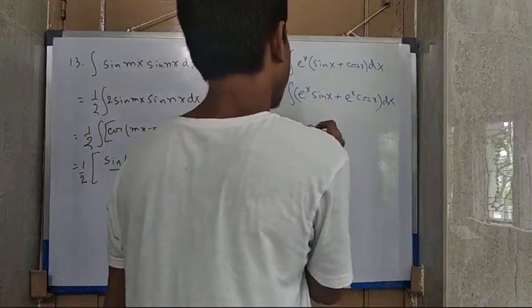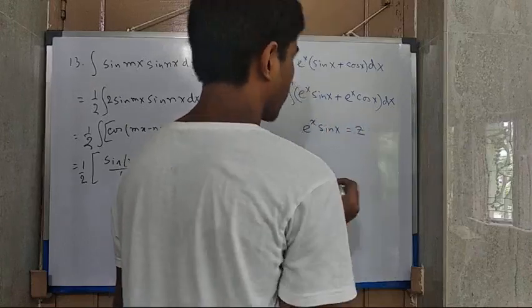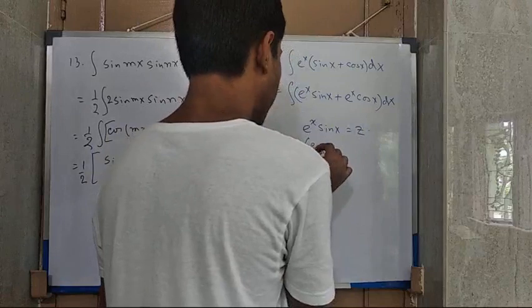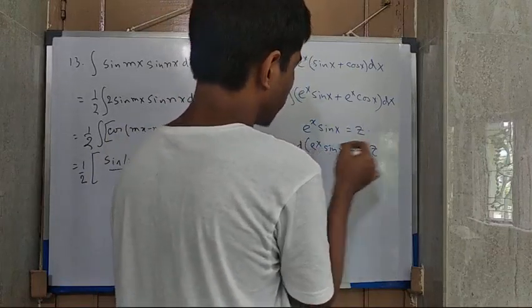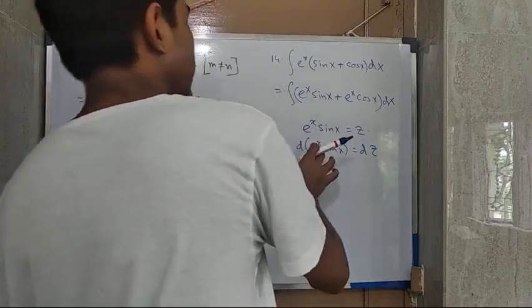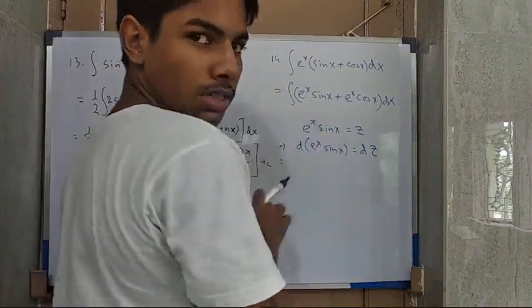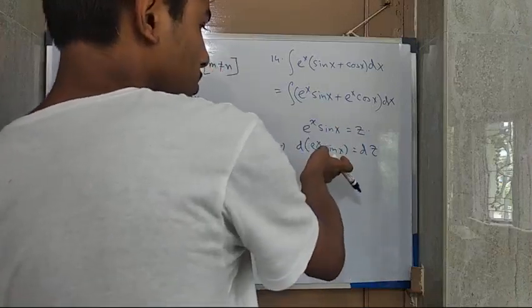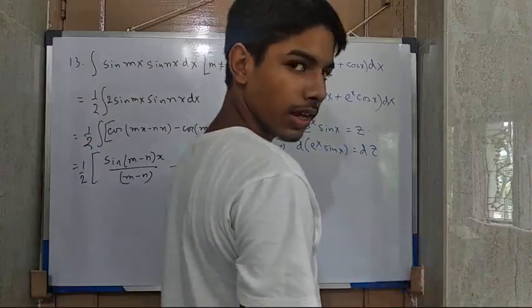If you take e to the power x sin x as z and differentiate, then when e to the power x is constant, sin x becomes cos x, giving e to the power x cos x, plus when sin x is constant, e to the power x differentiates to e to the power x.